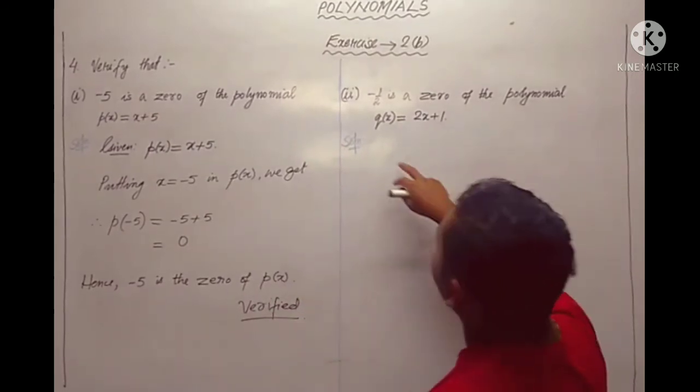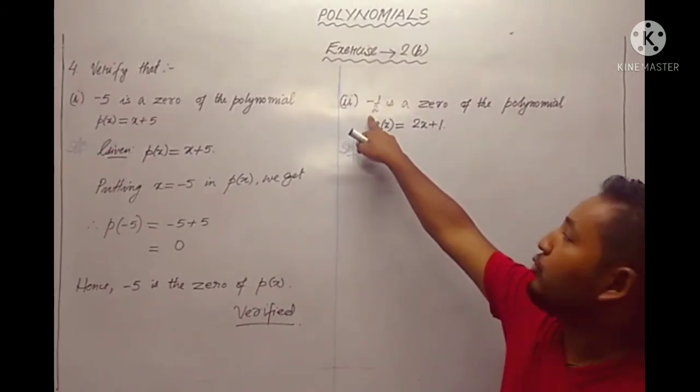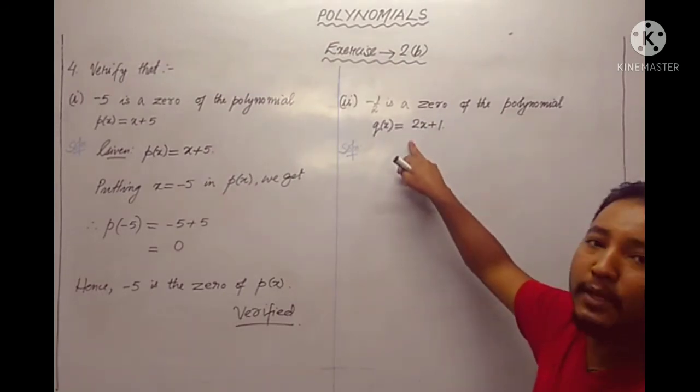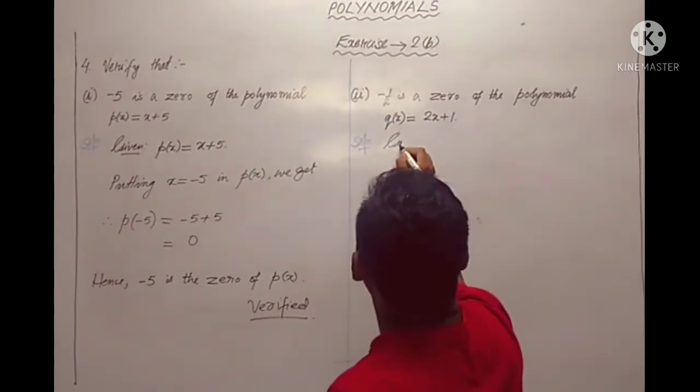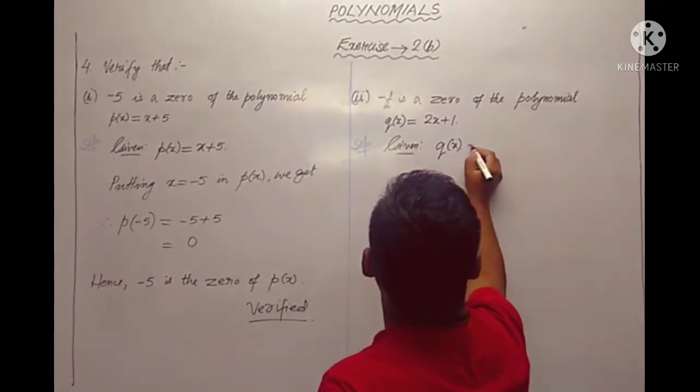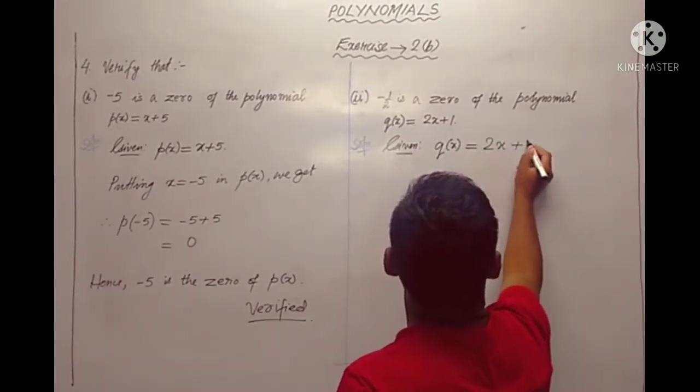Now again, verify that minus 1 by 2 is a 0 of the polynomial q(x) equals 2x plus 1. Given q(x) equals 2x plus 1.